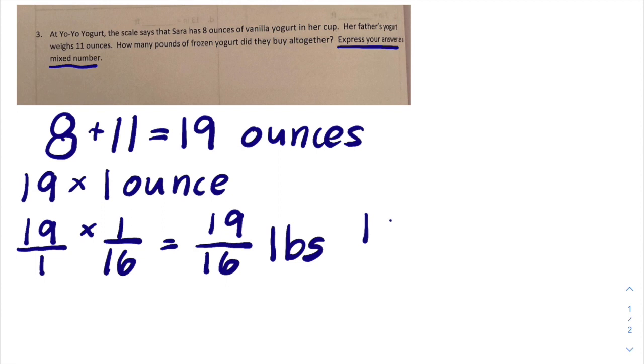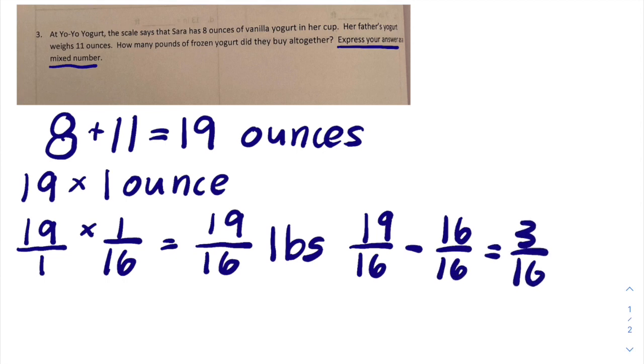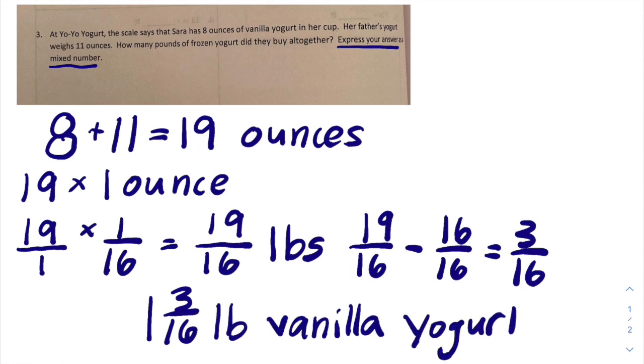So we can say 19 over 16 minus 16 over 16 is equal to 3 over 16. So after we subtract 1 out, then we have 3 over 16. So our answer is 1 3/16 of a pound of yogurt.